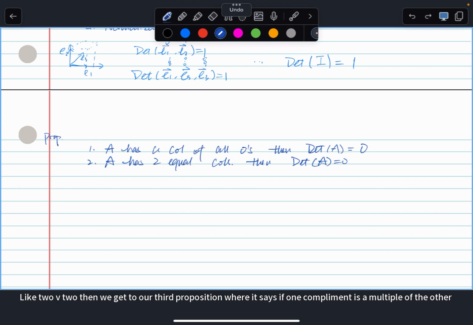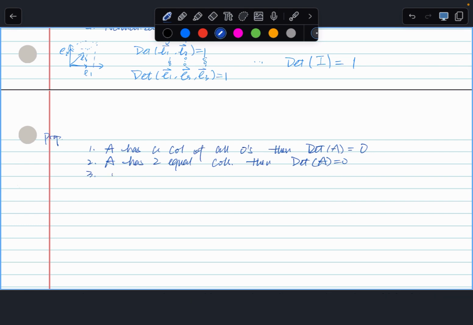where it says if one column is a multiple of the other, then also the determinant will be 0.